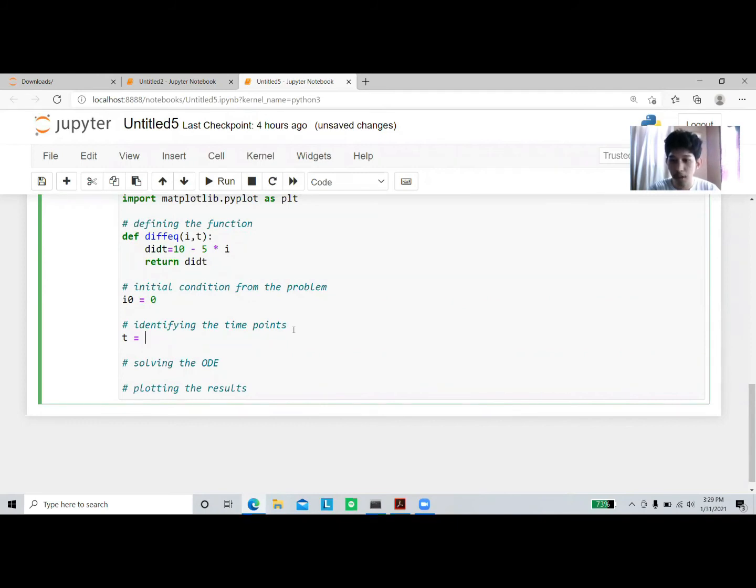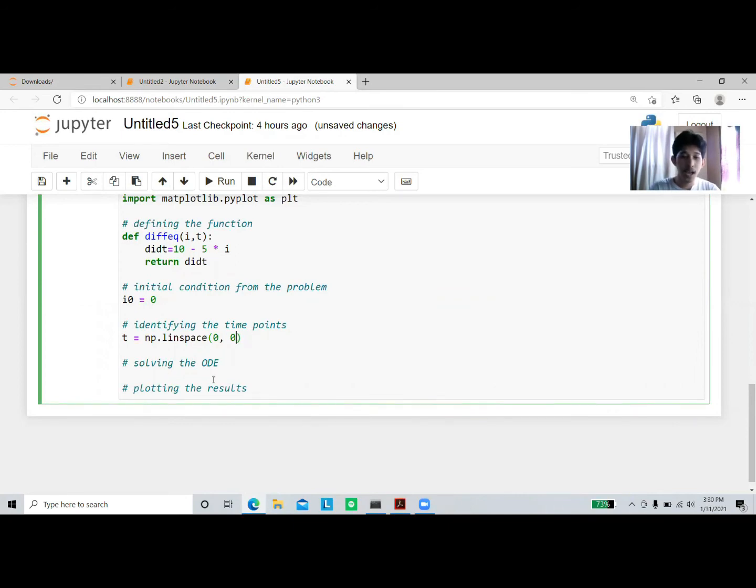This one will be equal to np, using the numpy function np.linspace, where we set the start and the end of the time points. I want the time points to start at 0 and end at 0.5, which is what we are finding.